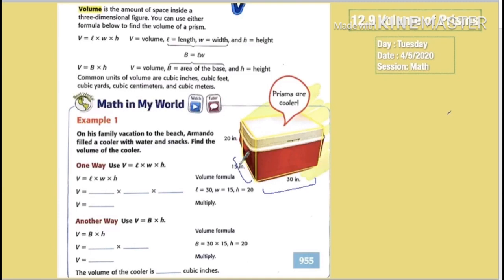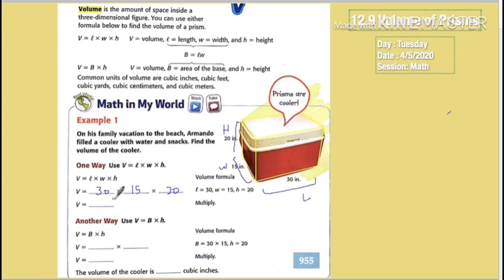This would be the width, which is 15 inches, and 20 inches would be your height. So we have length equals 30, width equals 15, and height equals 20. Our formula here is length times width times height.